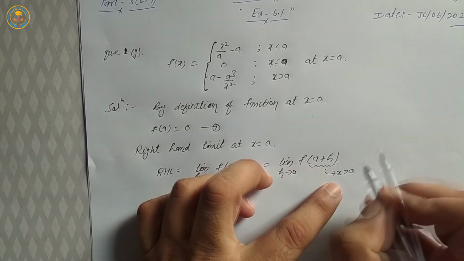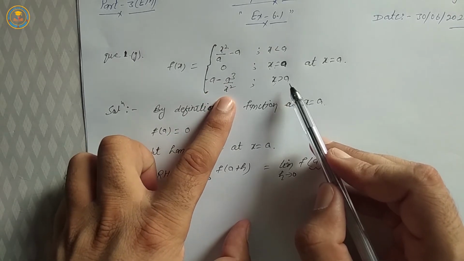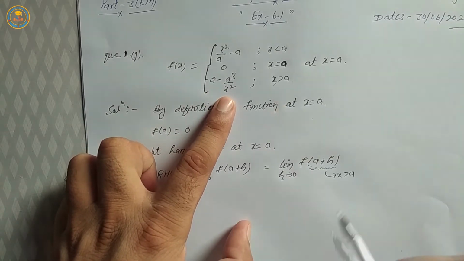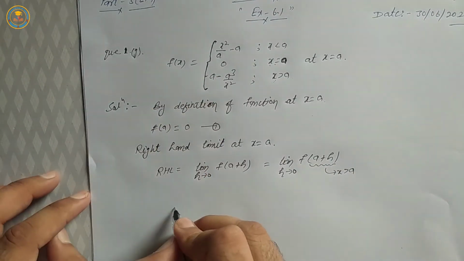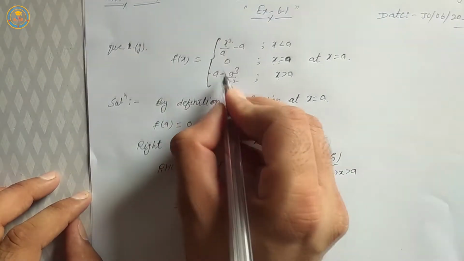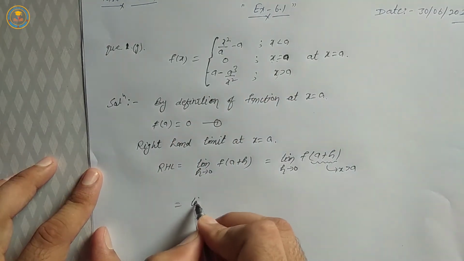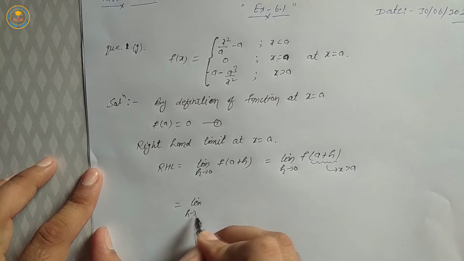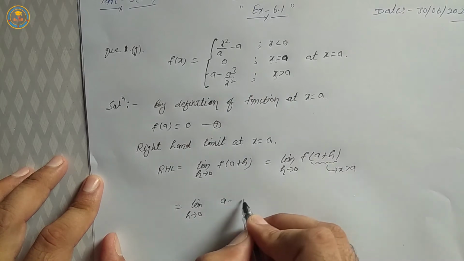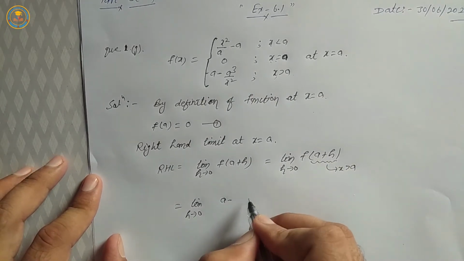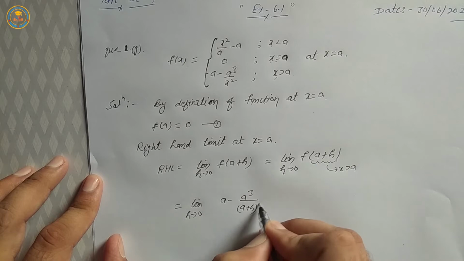When x greater than a, then the value of f(x) is equal to a minus a cube by x square. Putting the value of x in the function, limit h tends to 0, x is equal to a plus h, a minus a cube upon (a plus h) whole square.